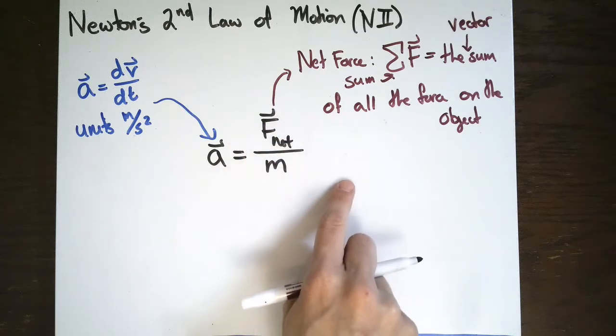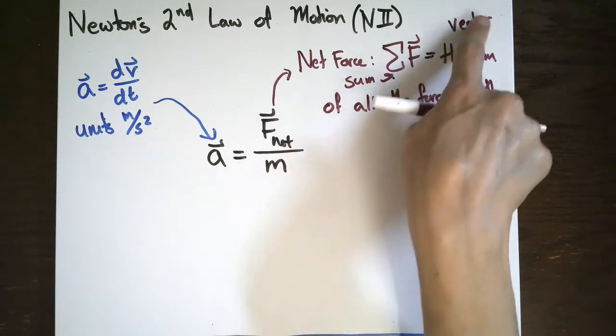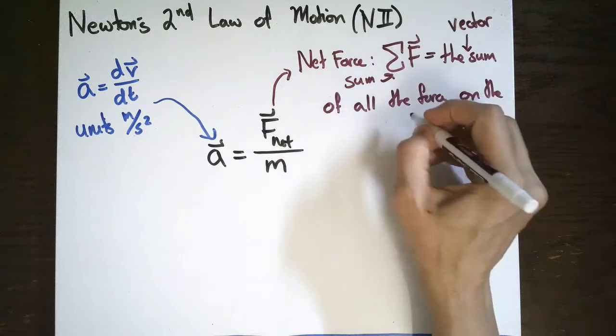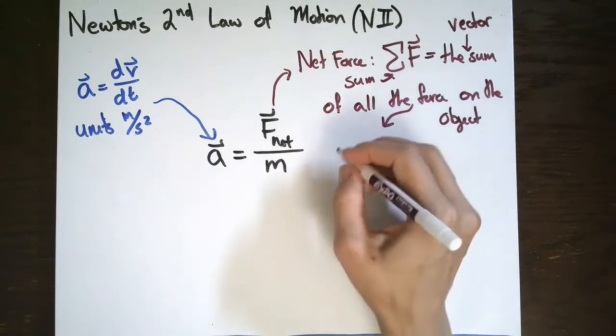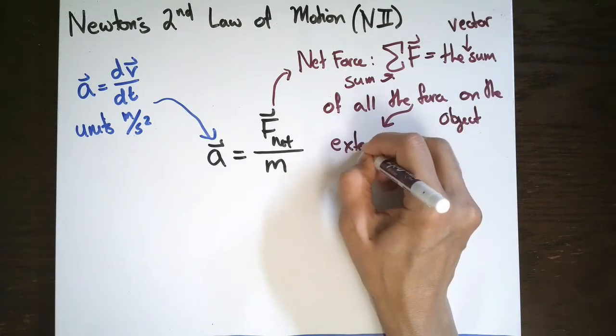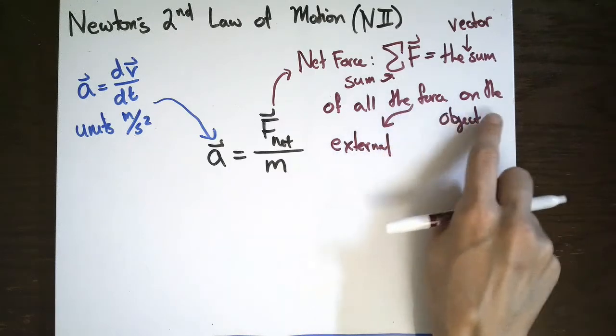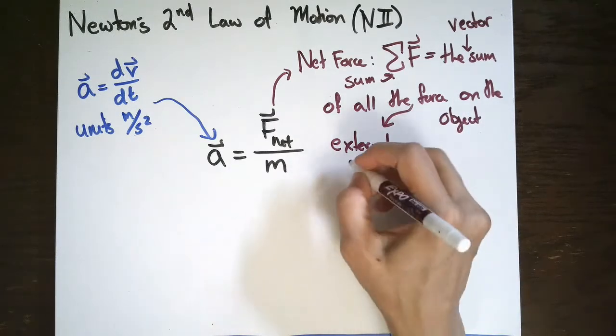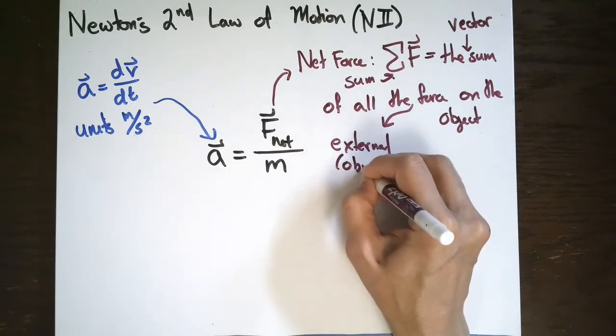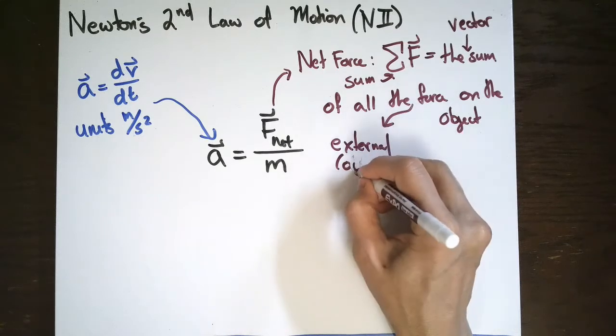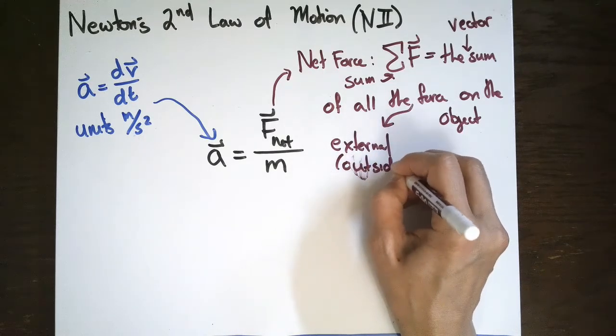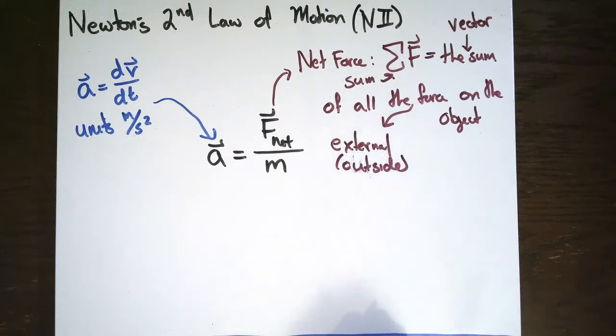You can't just add them willy-nilly. So it's actually the vector sum of all of the, and here we need another modification, all of the external forces on the object. That is, forces that come from not the object, from something other than the object.